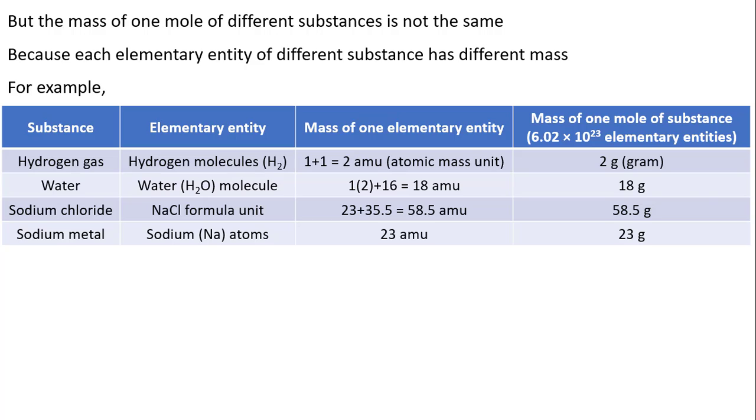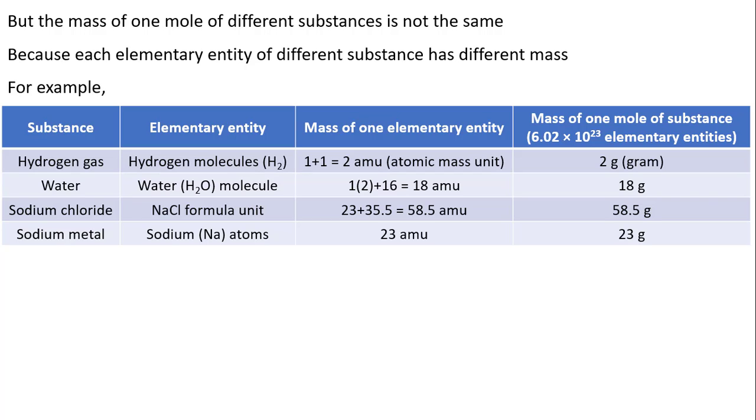But if we somehow have pure sodium metal, the elementary entity of the sodium metal will be one of its atoms, and the weight of one of its atoms will be 23 amu.